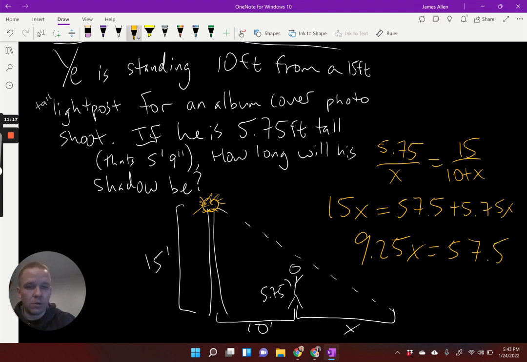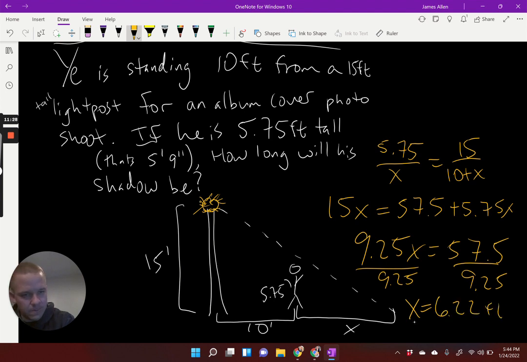Cool. Divide by 9.25. And we get x equals 6.216, so 6.22 feet if I were to round it. Yes, decimals or fractions can occur on this one. These were obviously kind of messy numbers, but whatever. There we go. Main thing is that setup there, guys.